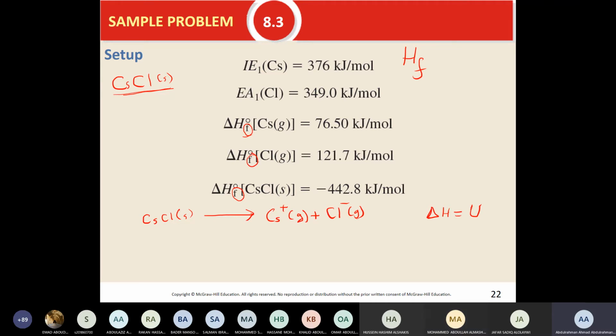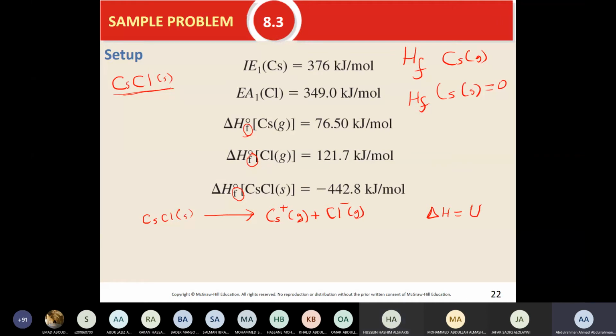Okay, good. What's the heat of formation of Cs gas? What's the heat of formation of Cs? Zero. No. Heat of formation of Cs solid is equal to 0.